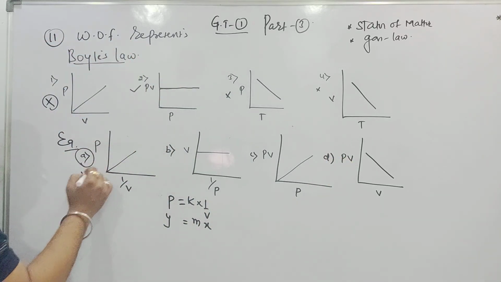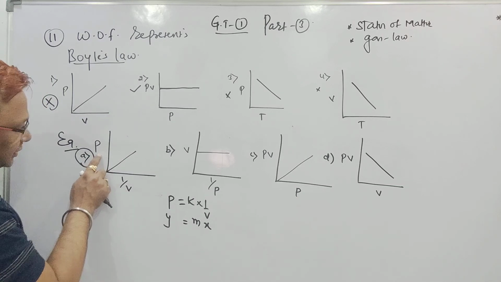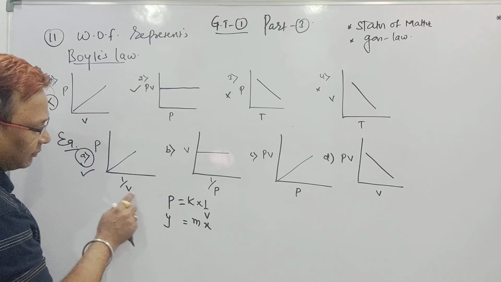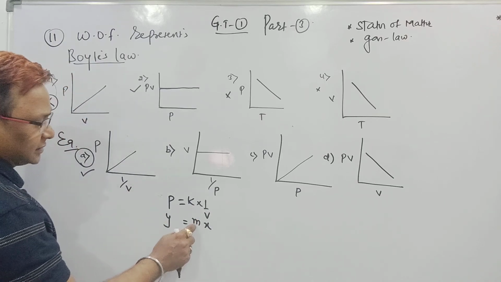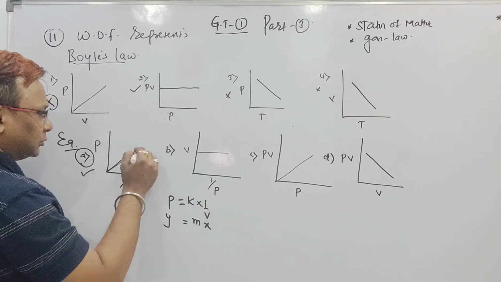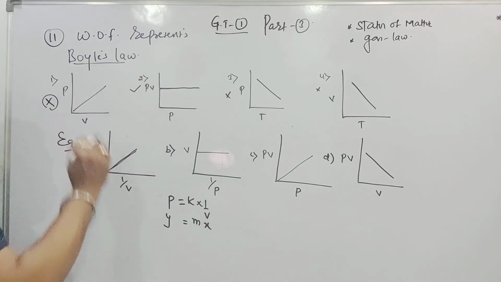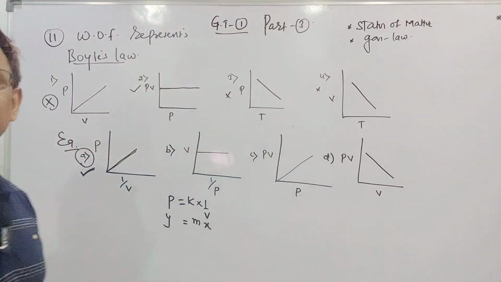Option A is correct, because pressure is inversely proportional to volume: pressure on the y-axis, 1 by volume on the x-axis. I am getting K as a positive slope, and the intercept is not there. So a line passing through the origin is the correct graph for Boyle's law. Right? Chalo, take a screenshot of this one.